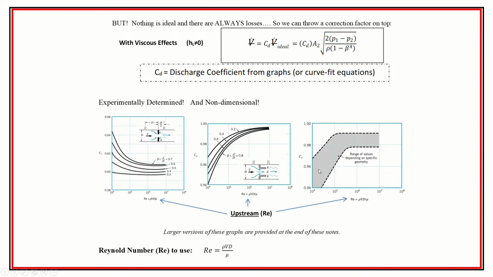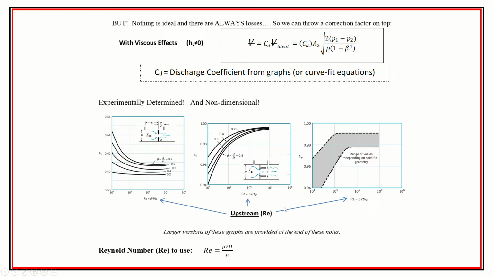Over here for the Venturi, we kind of have this range, at least for Munson. These are the curves for Munson. They don't really give you a specific curve, right? So I usually draw a line right down the middle if I'm going to use this curve right here. I have larger ones available at the end of the notes.